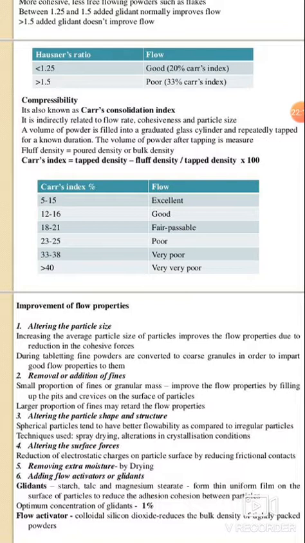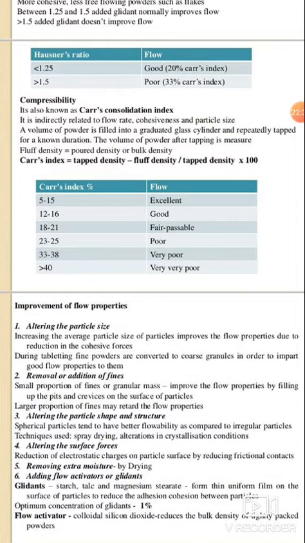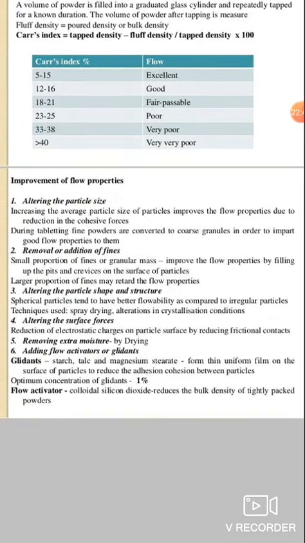When you calculate the powder's bulk density, you can determine the tap density and the true density. Mainly here we use the fluffy density and tap density. Fluffy density means the first bulk volume. So Carr's index equals tap density minus fluffy density, divided by the tap density. That is the process to calculate the Carr's index value.